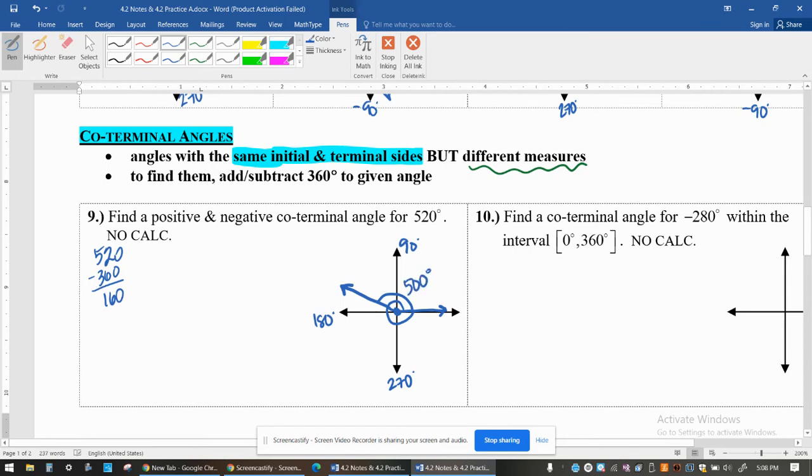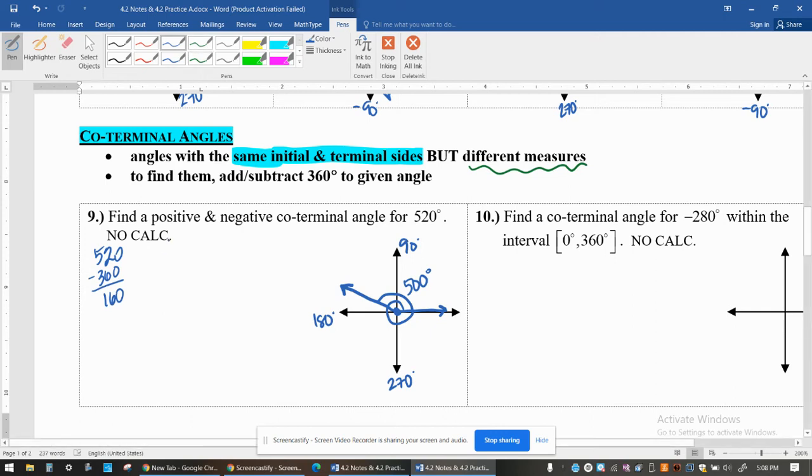Okay, now think about what they're asking us. They're asking us to find another angle that ends up in the same spot. So all you have to do is either add or subtract 360 to the given angle till you find a positive and a negative.